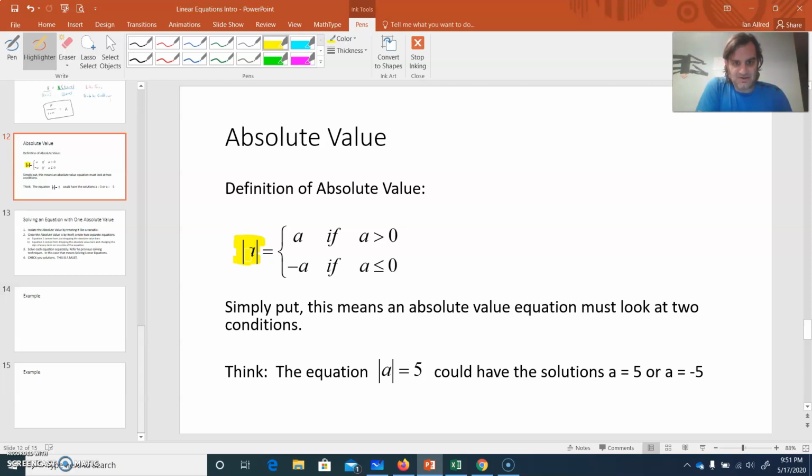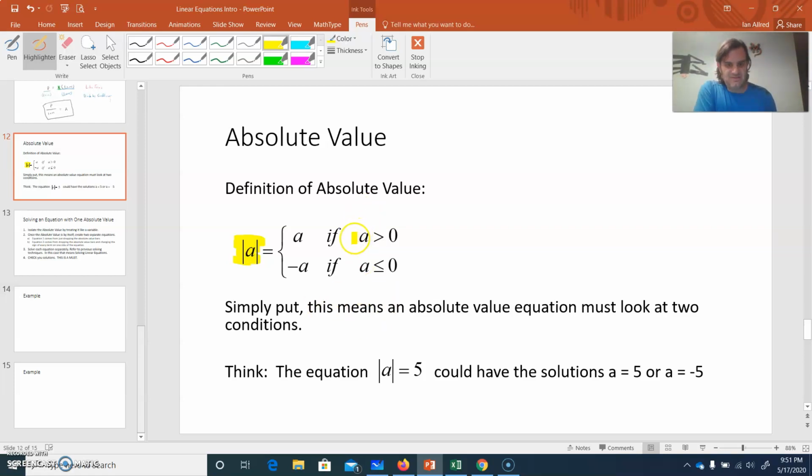Now, you probably have your own definition of absolute value and how to deal with it with numbers, but we're going to be dealing with it algebraically, which means we're going to have variables in there and expressions. So you know there's two different things you have to look at when you evaluate absolute value.